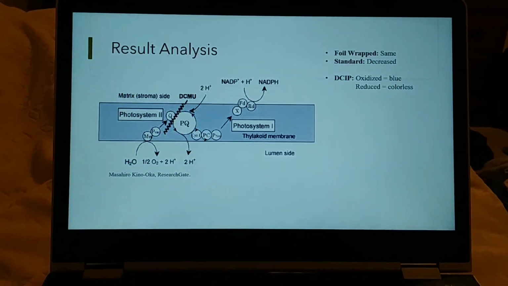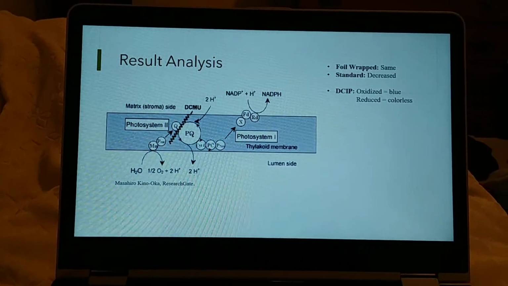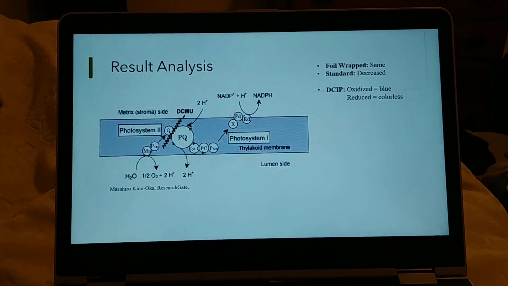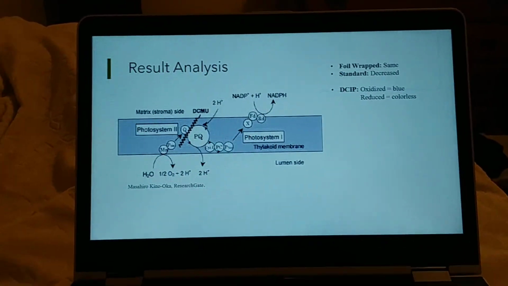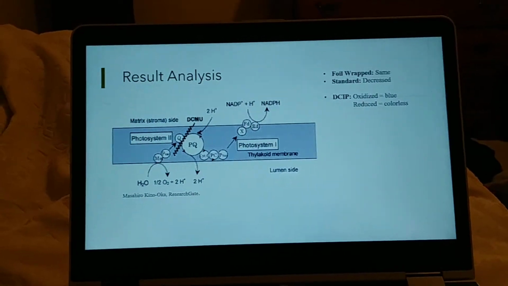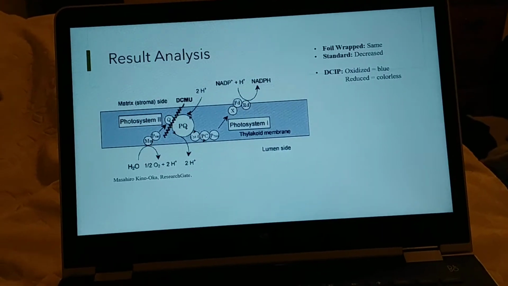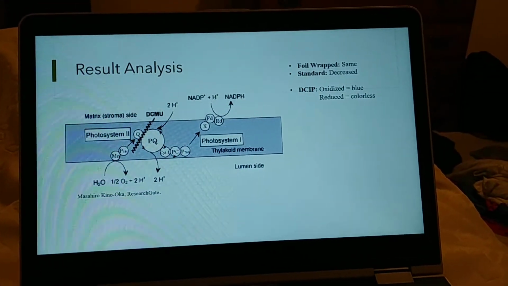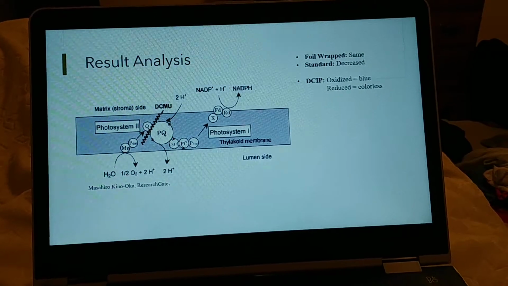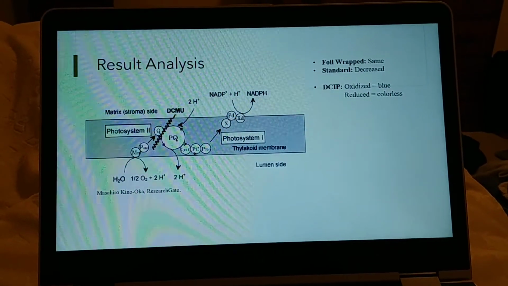So the main difference between DCMU and the foil, even though they both mostly remain the same, is that the DCMU was exposed to the light and energy, same as the standard, but the DCMU inhibited the electrons, which can be shown in the diagram on the screen.